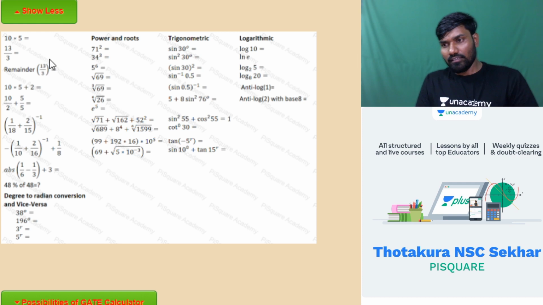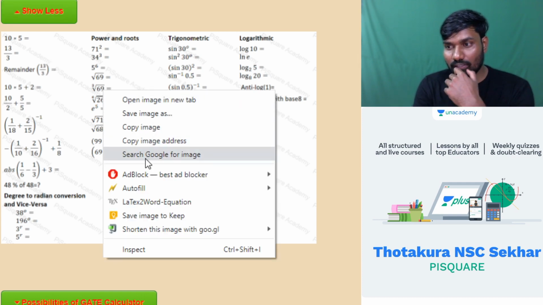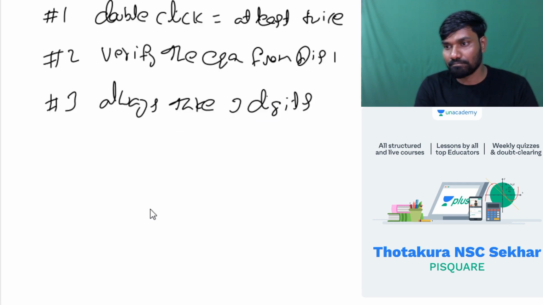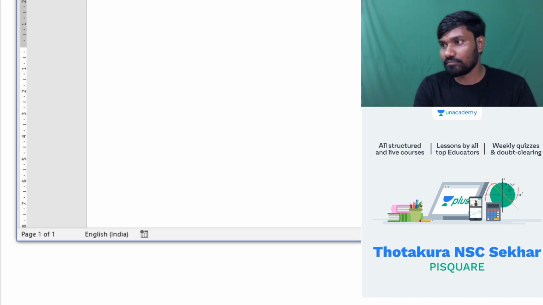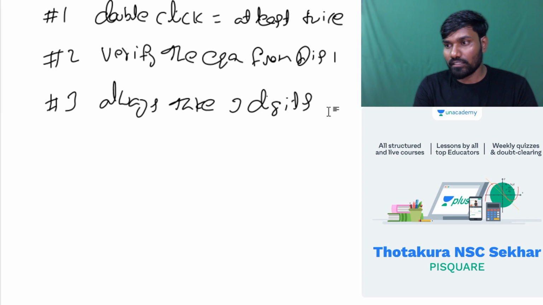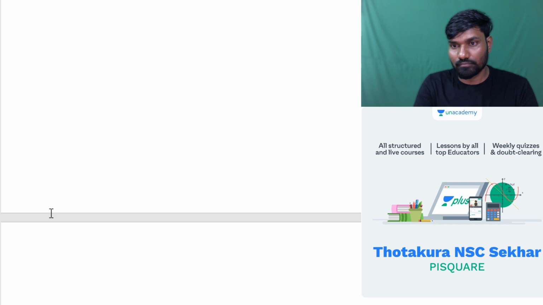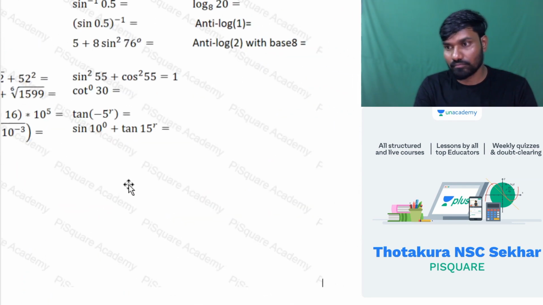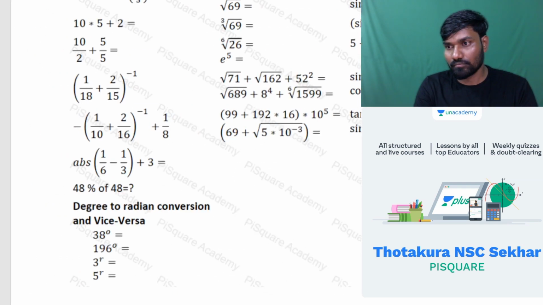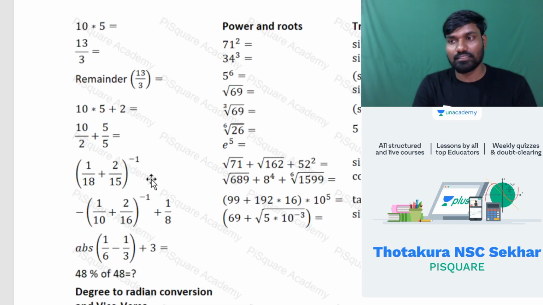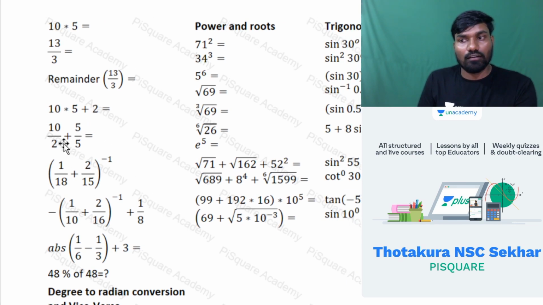I think I should make this image clearer. I'll open a new page maybe. Yeah, I think this is better. 10 by 2 plus 5 by 5.